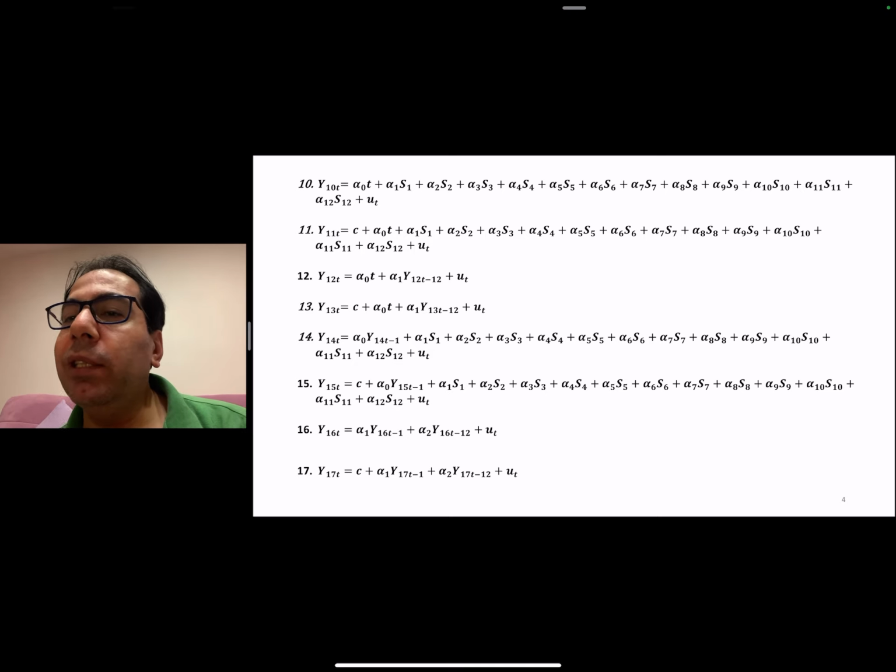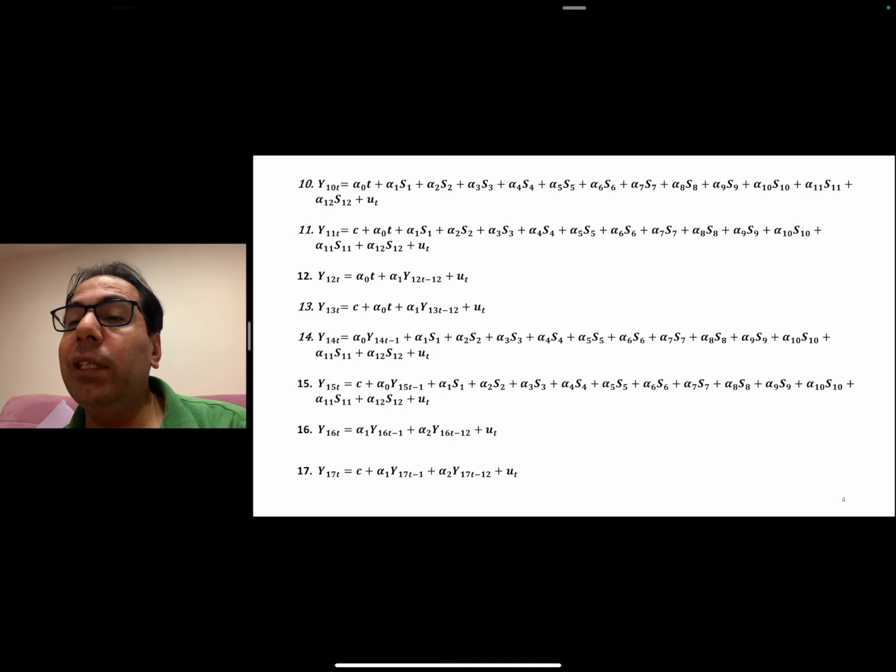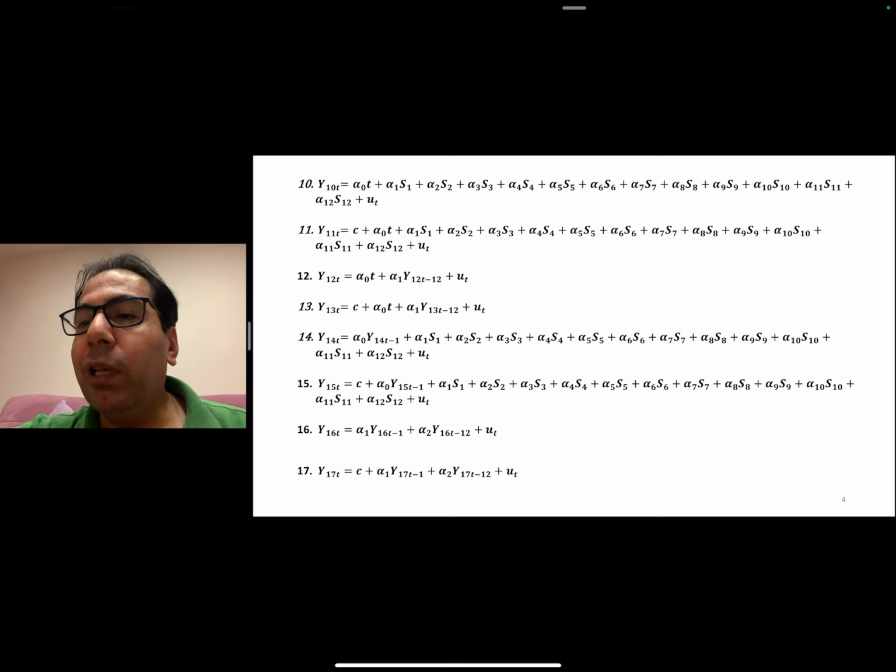In 14, we have both stochastic trend and deterministic seasonal terms, and the next one adds a constant to 14. The next one removes the deterministic seasonal terms and includes stochastic seasonality terms and stochastic trend. And in the final one, we also include a constant for model 16.